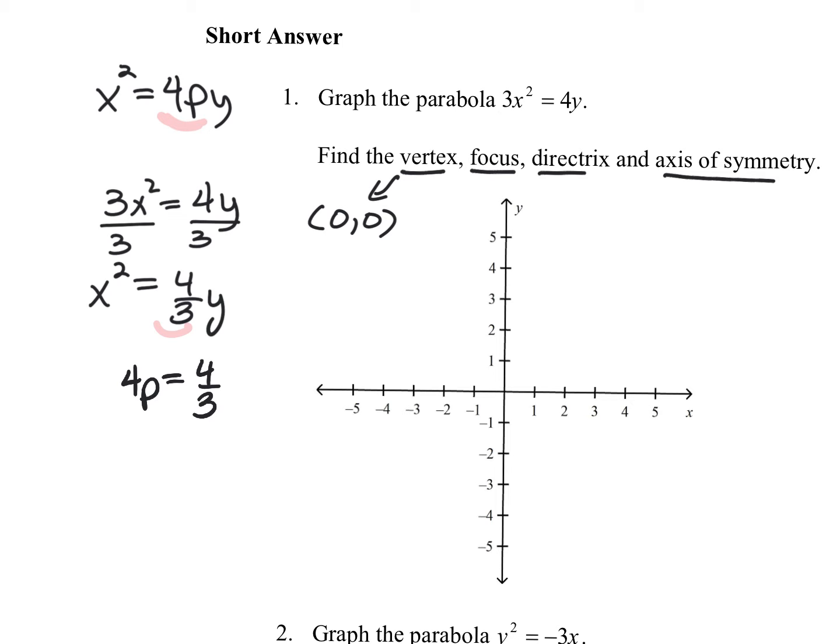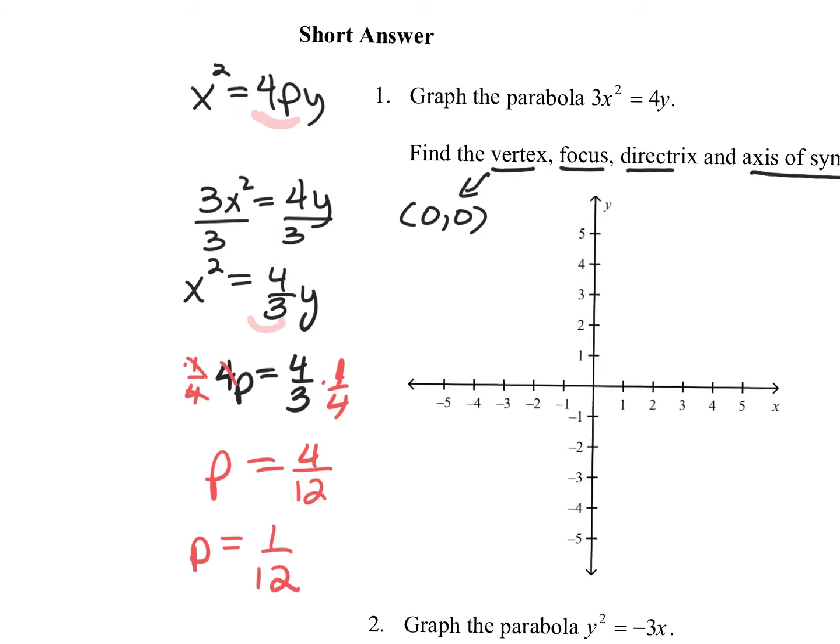I need to divide by 4, which is really the same thing as multiply by 1/4. And that's going to get rid of just the 4. And then when I multiply, I get 4/12, which simplifies to 1/3. So my p-value is 1/3.